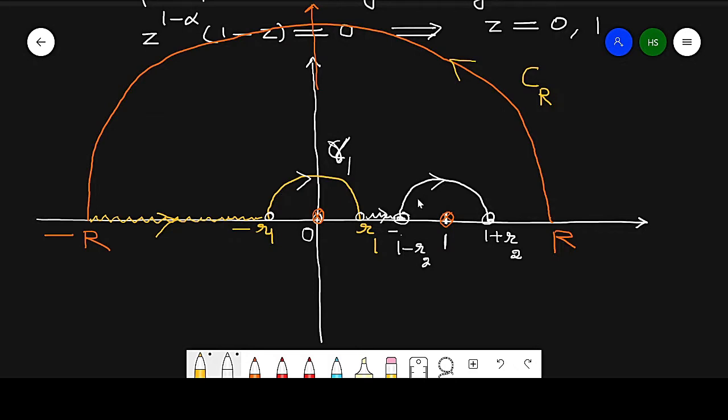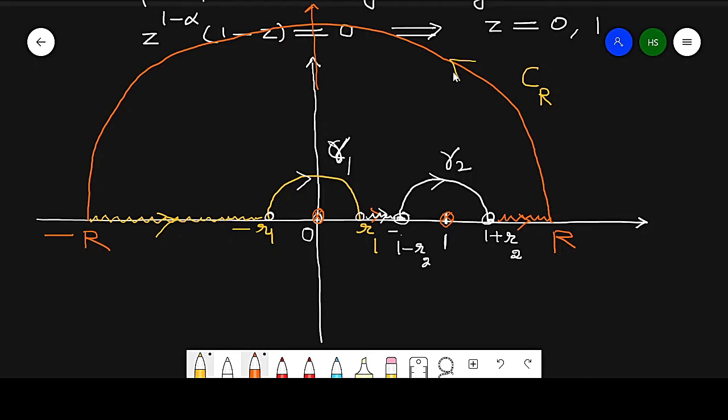Then this is the real line, and this is again gamma 2, which is of radius r2. Now after that, from this point to this point, this is again the real axis, from 1 plus r2 to R, in this direction.